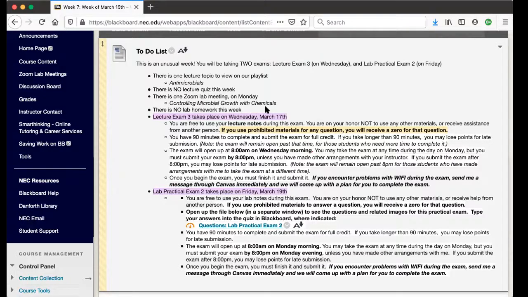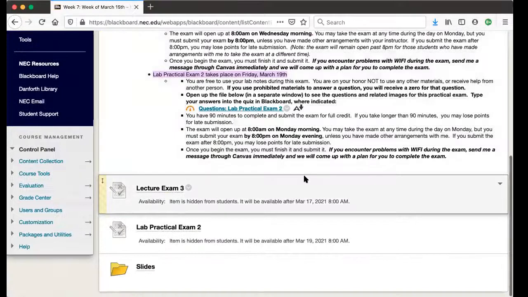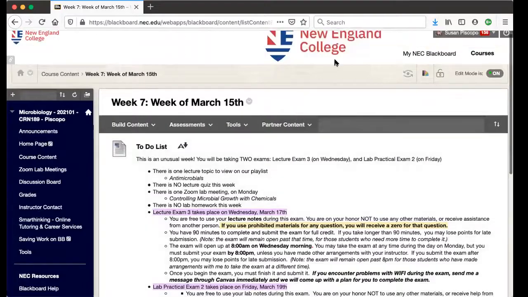That means there's no lab homework next week, just the 1 lab meeting on Monday. And no lab question assignment associated with that. Here's the links for the lecture exam and the lab practical as usual. So there's no quizzes to take next week, just those 2 exams, no quizzes and no lab homework questions.